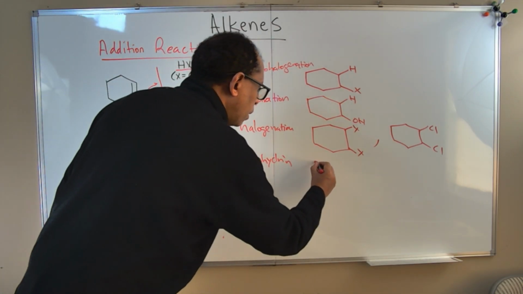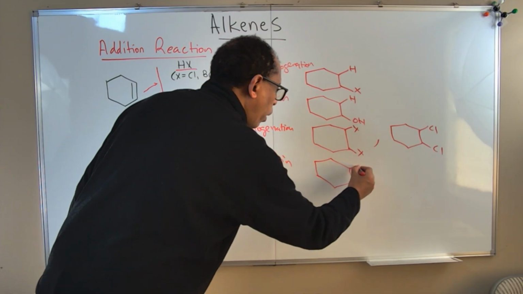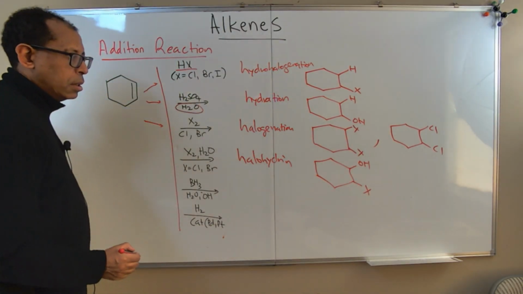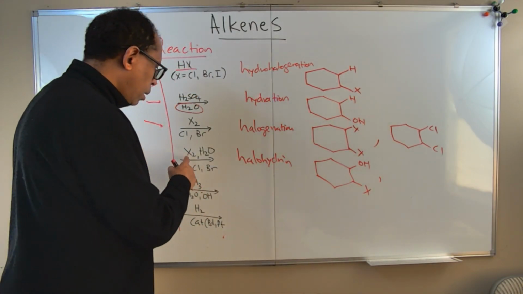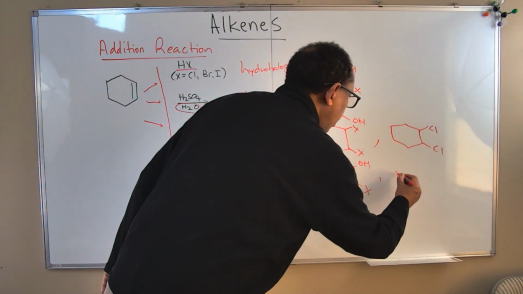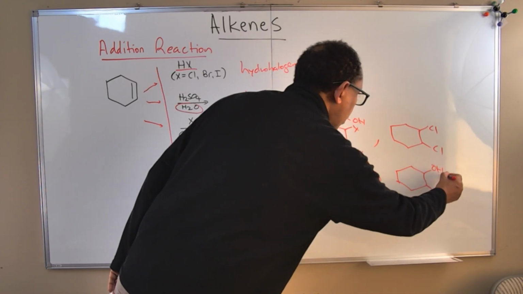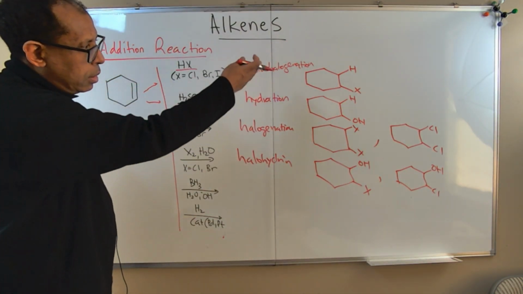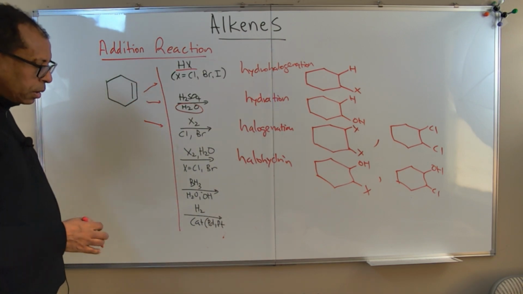So it could be X and OH, halohydrin. For example, if you are using chlorine in water, you'd add a chloride and an OH.